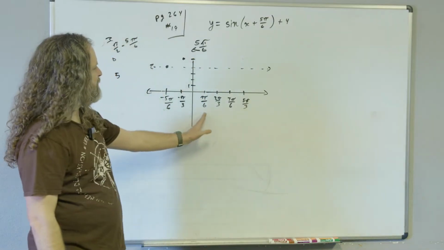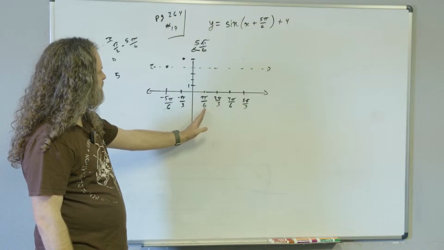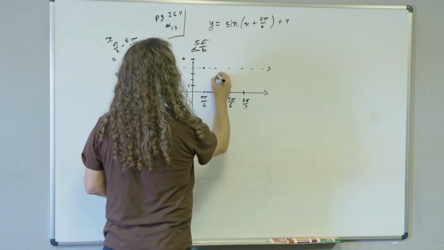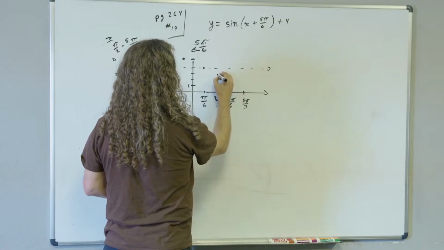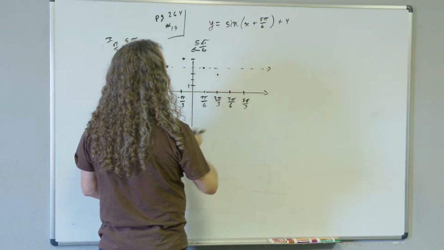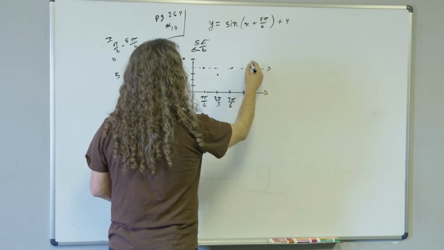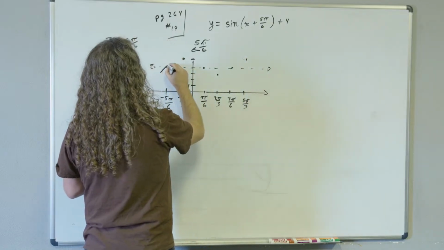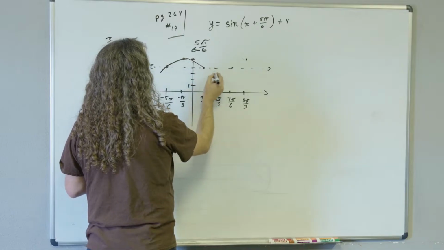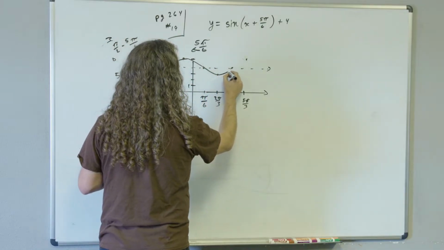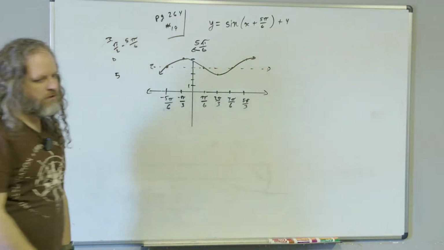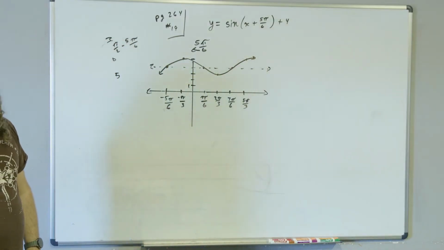And then at the next one, it's 0, and then negative 1, which is positive 3 on this one, and then 0, and back up to 1. Then you graph it, right? Easy peasy.